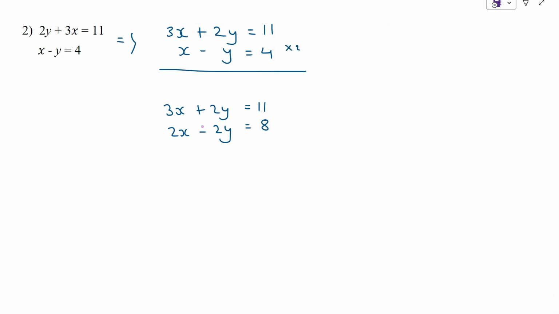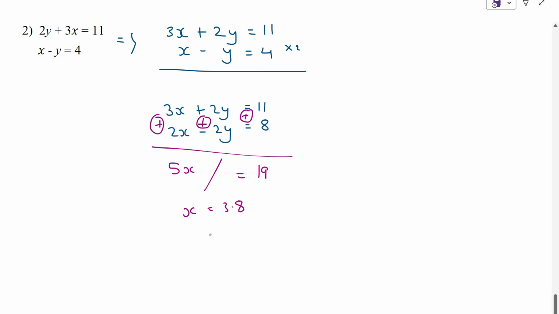Now, plus and a minus, we're going to plus to cancel out. So we're going to plus everywhere else too. 5x gives us 19.